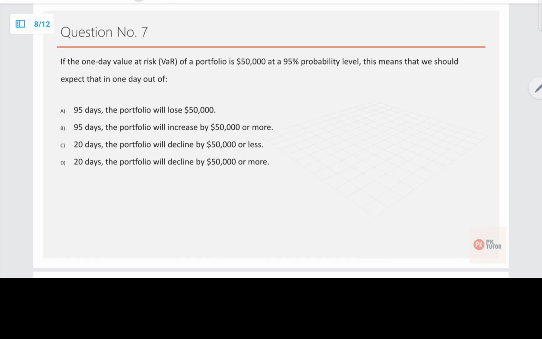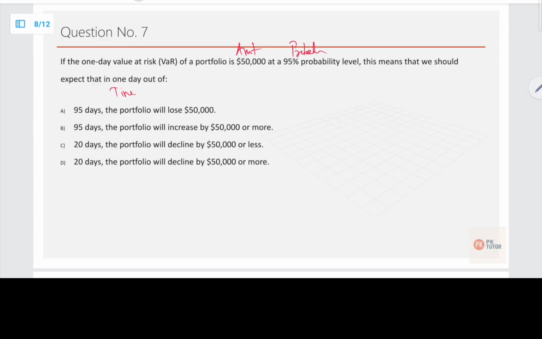Coming to the question, this means that we should expect that in 1 day out of, again see, I told you the VaR will have the amount, it will have the probability, and it will have the time. So 1 day. So what it is saying is that there is 95% probability.